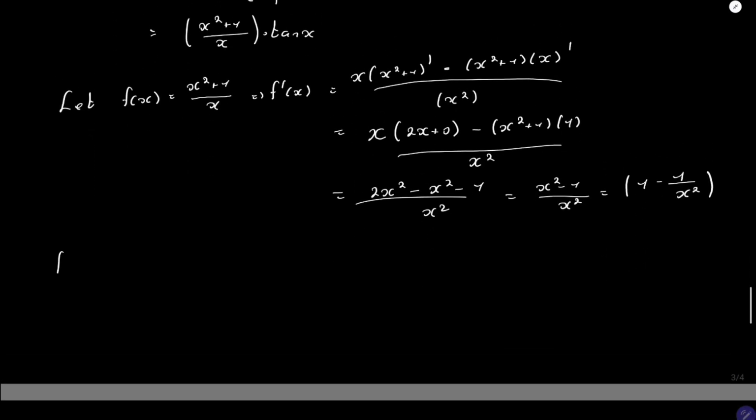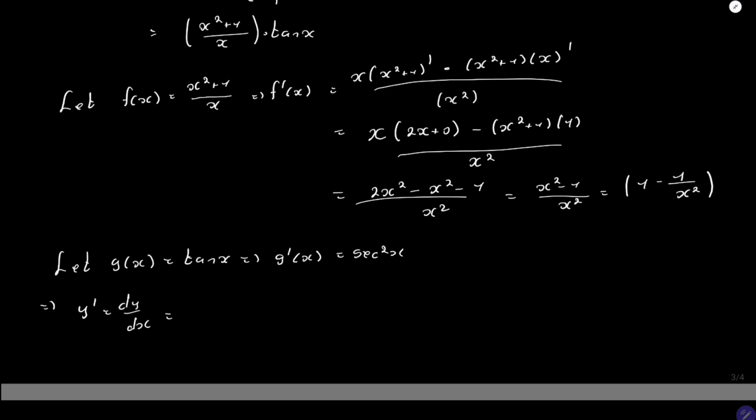So let's then calculate. Let g of x be equal to tan x, which implies that g prime of x is equal to sec squared x. This then implies that y prime, which is dy on dx, is equal to f times g prime plus g times f prime, that is x squared plus 1 on x times sec squared x, plus tan x times f prime of x.